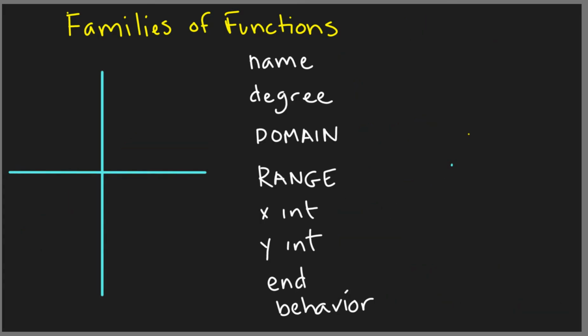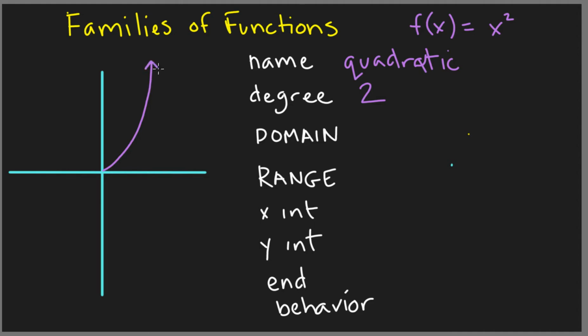Next one is quadratic. So what we have here is called a quadratic function. The degree, we can see the power is 2. That makes the degree equal to 2. Remember that what we get here is a parabola.